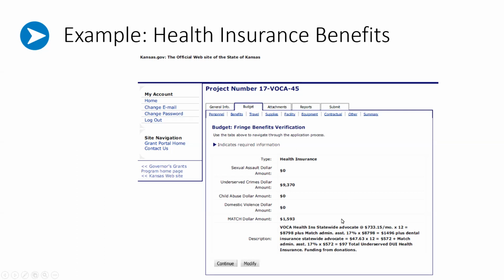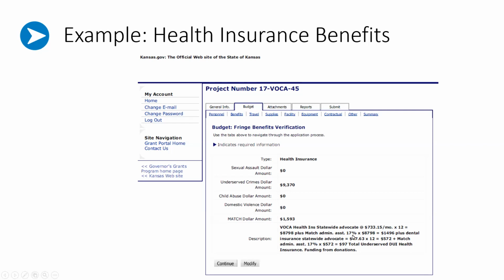And the description, which is the budget notes, tells us that for the statewide advocate, it was $733.15 a month times 12 months. And that's how we got the $8,798.